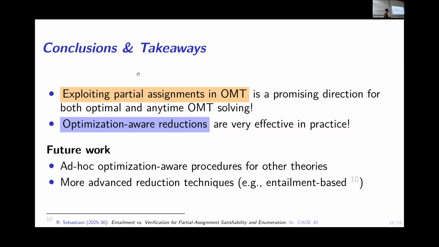As future work, we plan to investigate more optimization aware techniques for other theories, and also explore the interaction of other reduction techniques for truth assignments, for instance, entailment-based truth assignment reductions in the context of OMT.